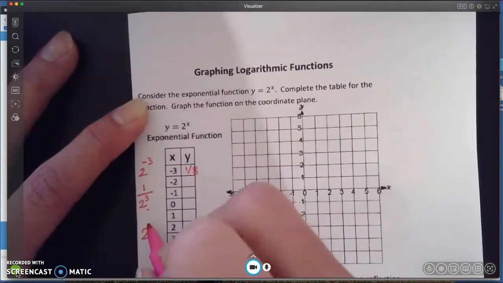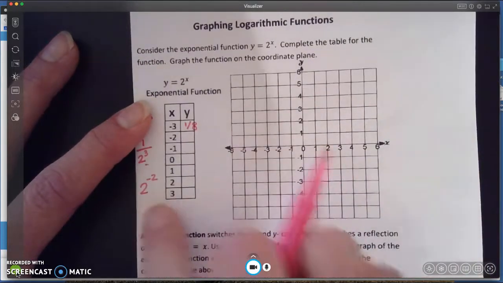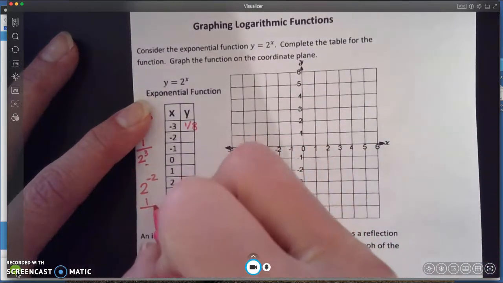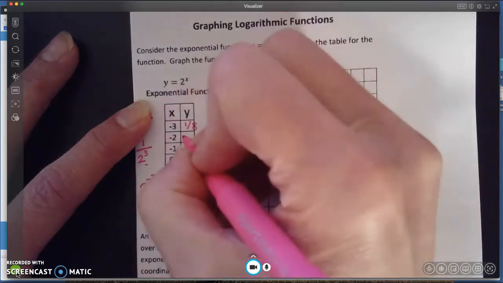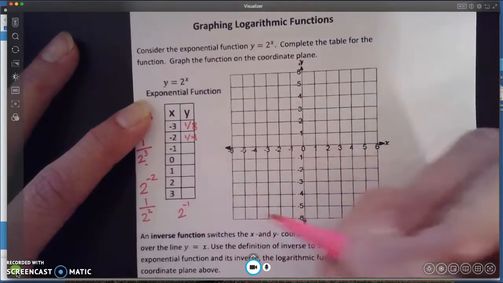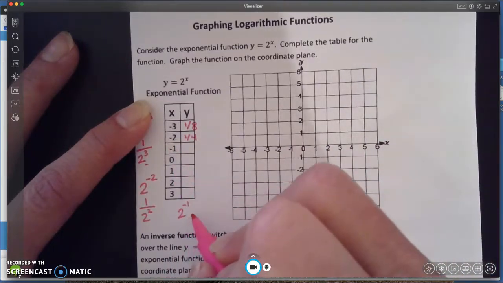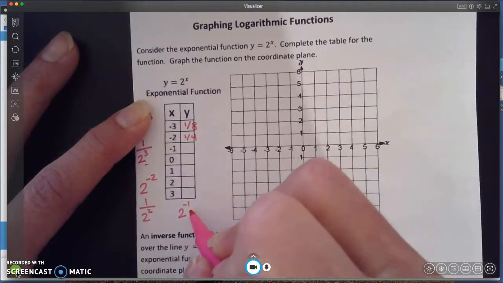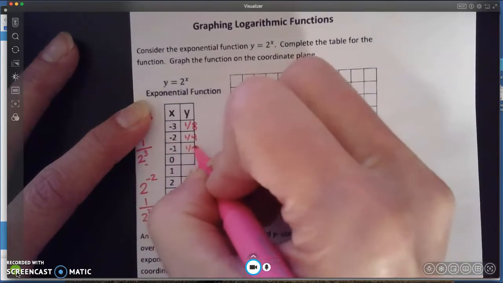So it'd be 2 to the -2. I'd have 1 over 2 to the +2, and that converts to 1/4. And if I have 2 to the -1, because I'm plugging in -1 here, I'm going to get 1 over 2 to the +1, which is the same thing as 1/2.